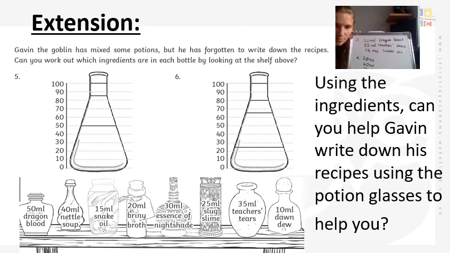So if we now look at the bottom, we can see that I've got 25 millilitres of slug slime. I have got 40 millilitres of nettle soup. I have got 15 millilitres of snake oil. And I've got 20 millilitres of brainy broth. So I have worked it out there.